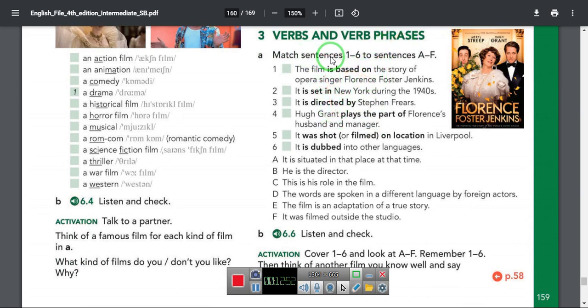Match sentences from 1 to 6, to sentences from A to F. Вот 6 предложений и еще 6, только уже не помечены буквами. То же самое делаем matching.